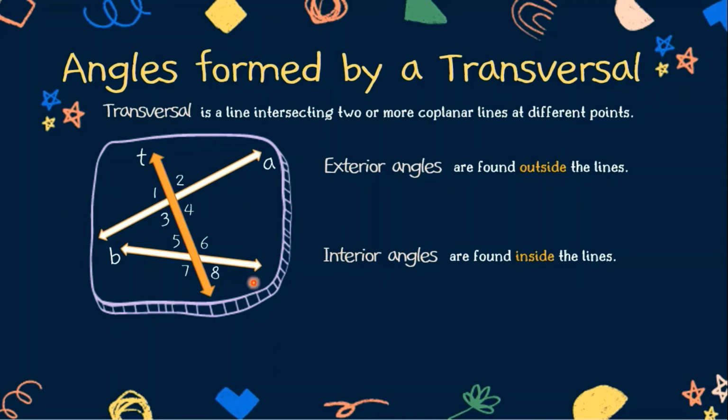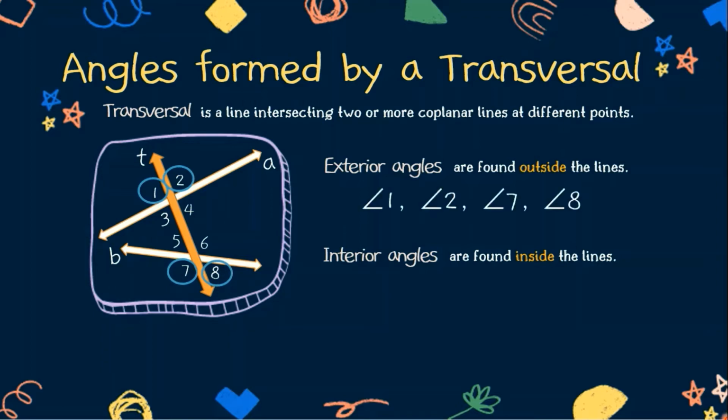From these 8 angles, alin nga ba riyan ang exterior angles at alin-alin naman riyan ang mga interior angles? We have angle 1, angle 2, 7, and 8. Kung mapapansin natin, kung ito yung ating dalawang line A and B, nasa labas nila yung angles 1, 2, 7, and 8.